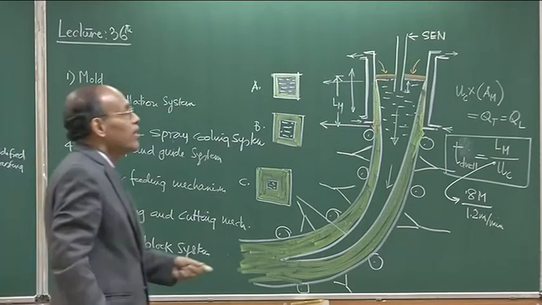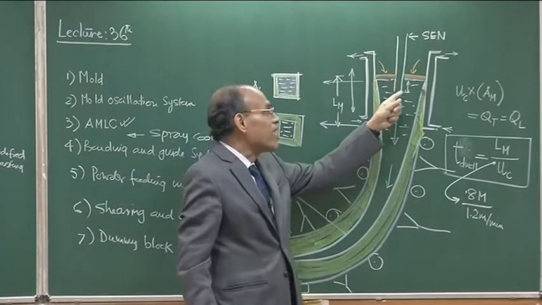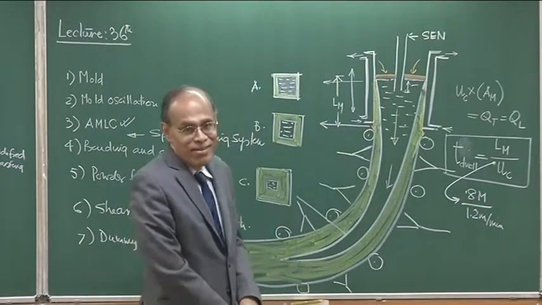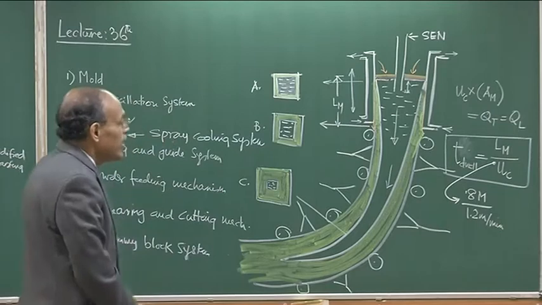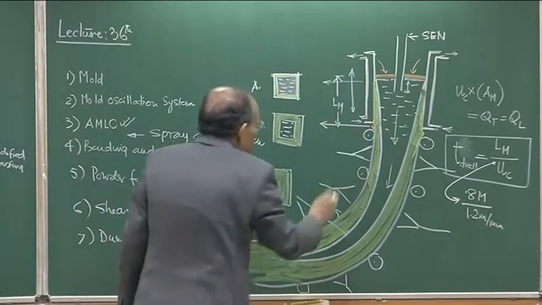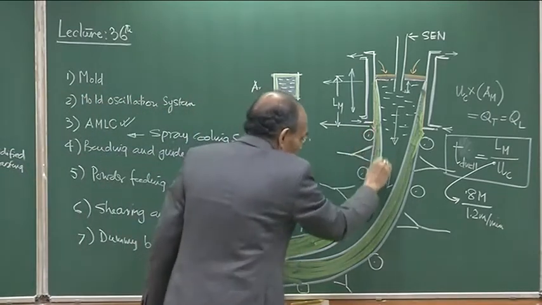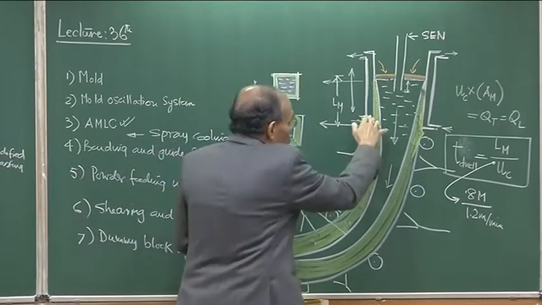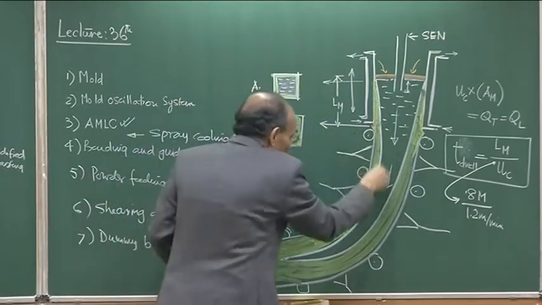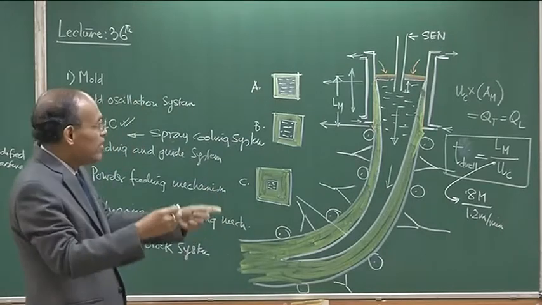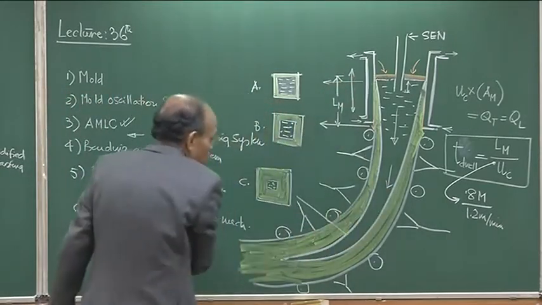Predominantly, I would say that all the superheat which is there in the mold gets eliminated by the circulating water, and the shell thickness is extremely small. Real growth of the shell thickness occurs below the mould, on the descending strand of the continuous casting machine.